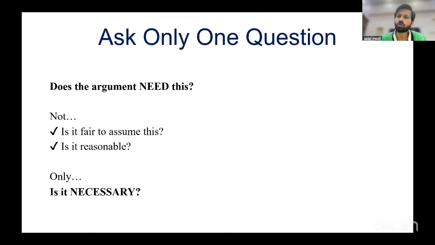The author is talking about this, so this can be assumed. We are not actually asking whether something can be assumed or is reasonable to our minds, right? In assumption questions, the only question we are asking is: is it absolutely necessary for the argument to hold? Can the argument work without this? If the argument can work without this, this is not the assumption, right?